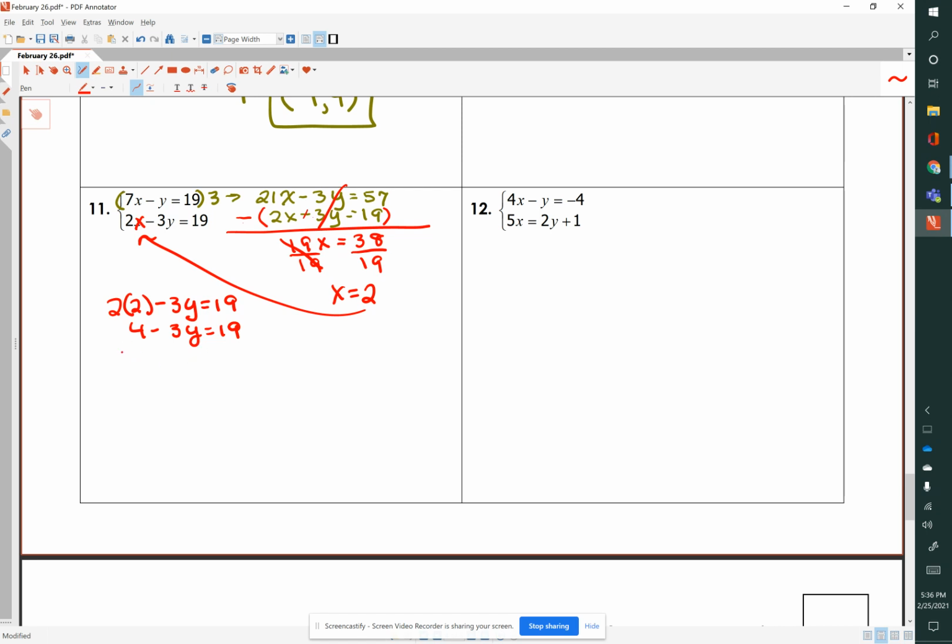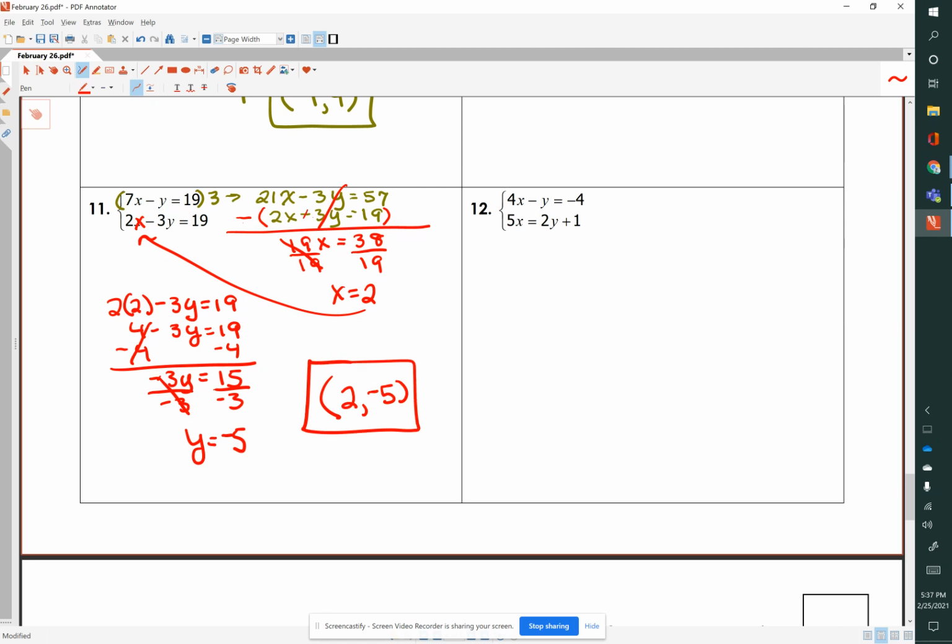I think I will subtract 4 from each side, which eliminates the 4 there. I'll have negative 3y equals 15. And then I'll divide both sides by negative 3 for y equals negative 5. And my ordered pair, that is the solution to this system, is 2, negative 5.